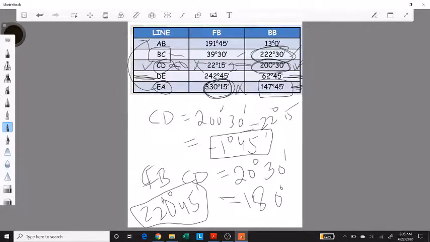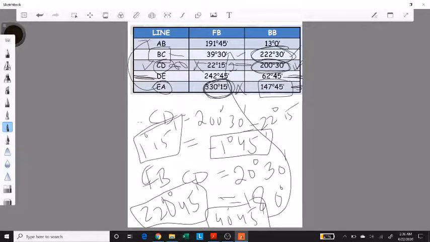So when I subtract 180 degrees, I get 40 degrees 45 minutes. So this is the value that should be over here. And in order to change this value from 39 degrees 30 minutes, which was earlier, to 40 degrees 45 minutes, I have to apply a correction of 1 degree 15 minutes at the point B. So this value, 1 degree 15 minutes, is now the correction at the point B.